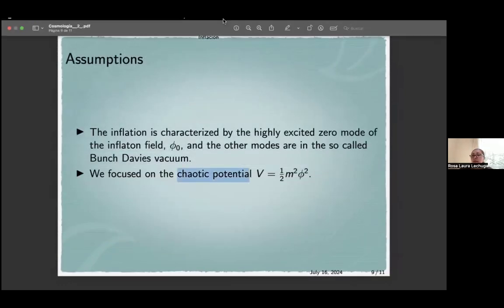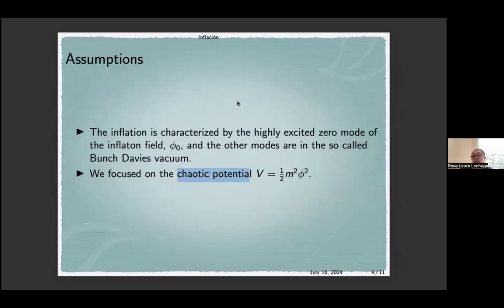It's really bad, as many names in physics, because it's not related with chaos in the sense of physics. It was a name that someone added because they were thinking about the initial conditions, not about chaos in a proper physical way. But this is the well-known harmonic oscillator potential.